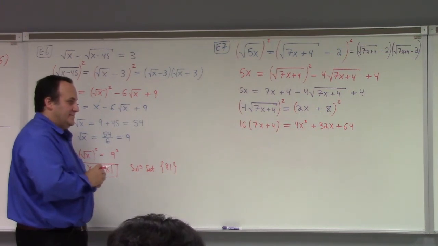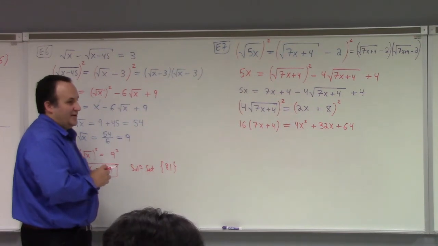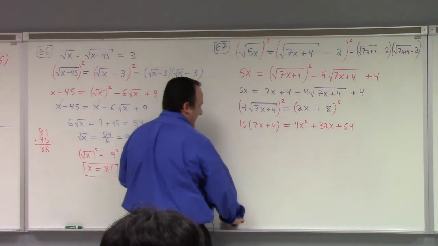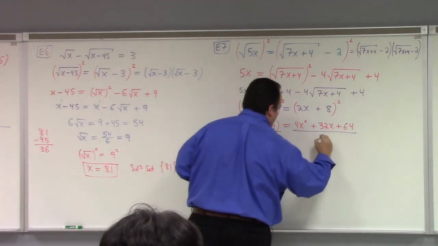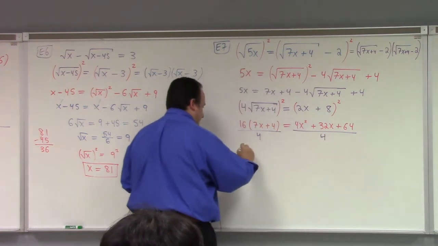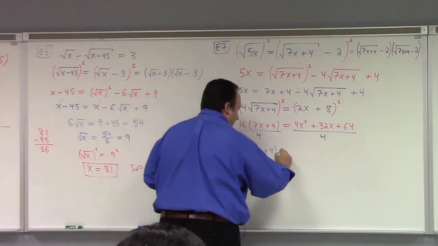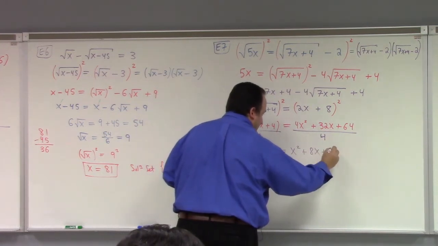At this point, just divide by 4 already, right? If we divide this whole thing by 4, life will be a little bit easier in the next step. So we get 4 times 7x plus 4 equals x squared plus 8x plus, what's 64 before?